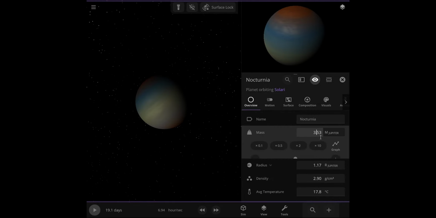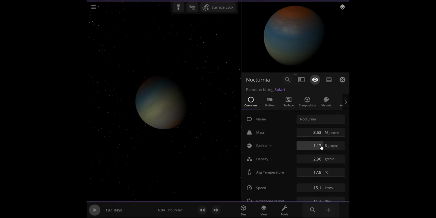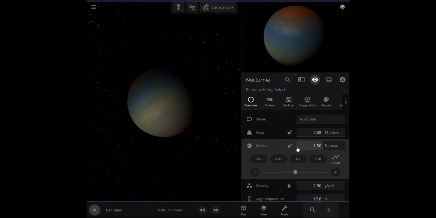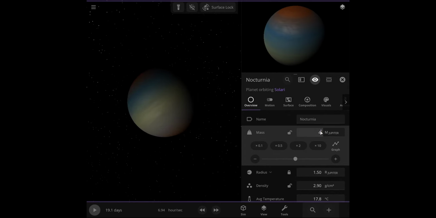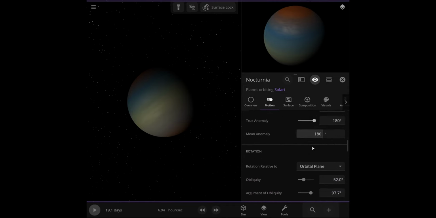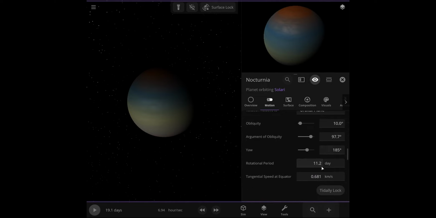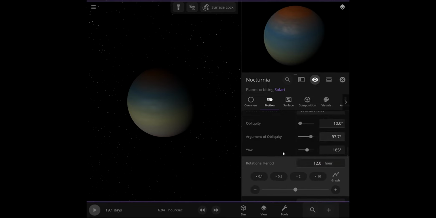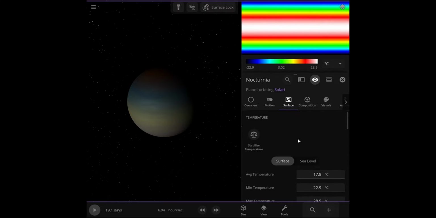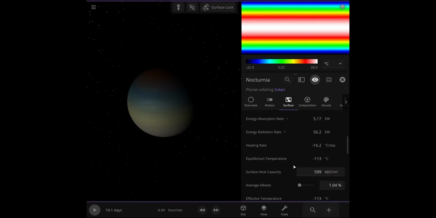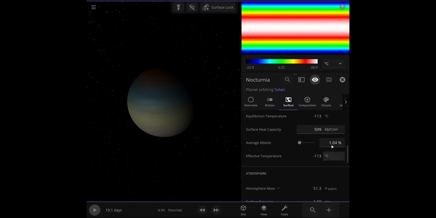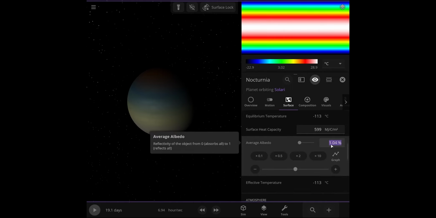Now, Nocturnia has around 1.5 times the radius of Jupiter, with 4 Jupiter masses, and it has a tilt of 10 degrees with a rotational period of 12 hours. Pretty fast. Plus, this gas giant has an albedo of 50%.